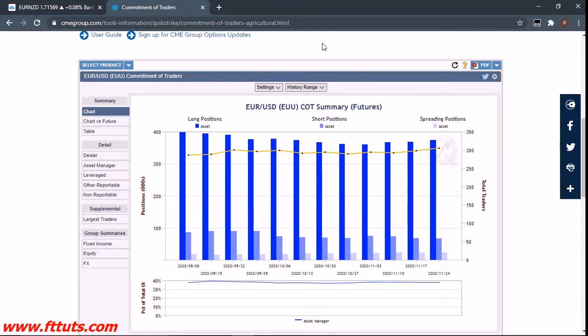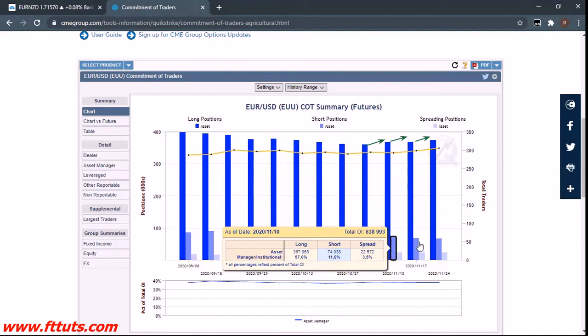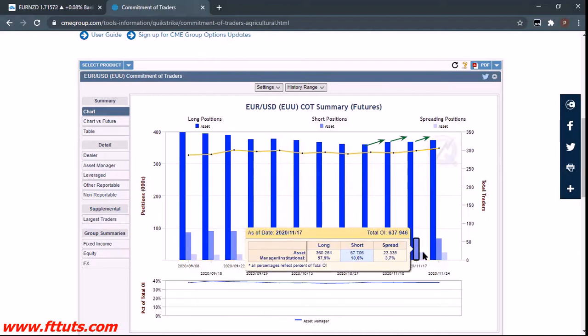So how many times did they increase here? Let's take out the annotations and check. It's increase one, increase two, increase three. So they increased 3 times. Now you check the shorts, how many times they decreased or increased. They were at 74,836, then went to 74,38, so this is a decrease, then to 67, another decrease, 66.